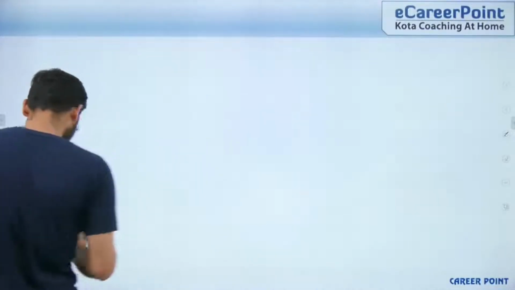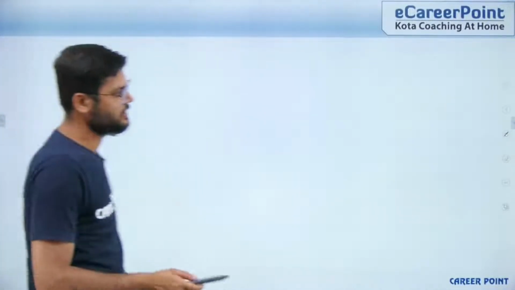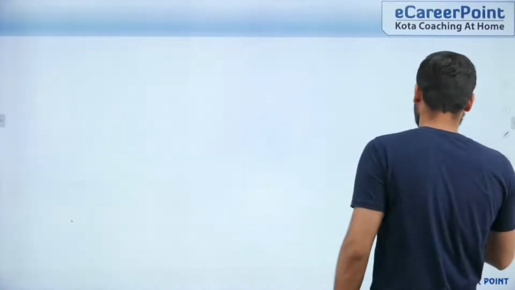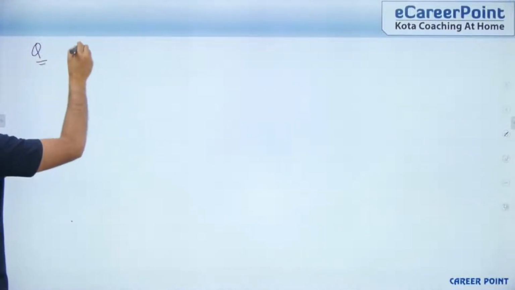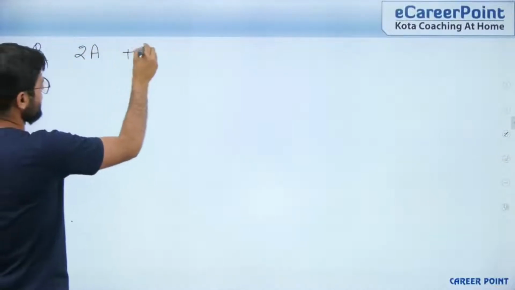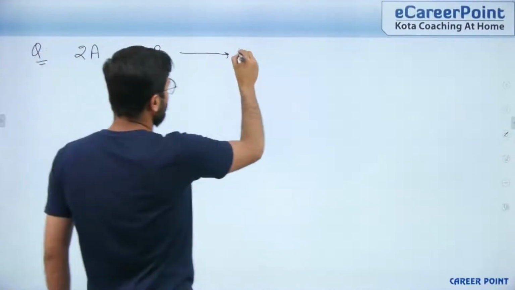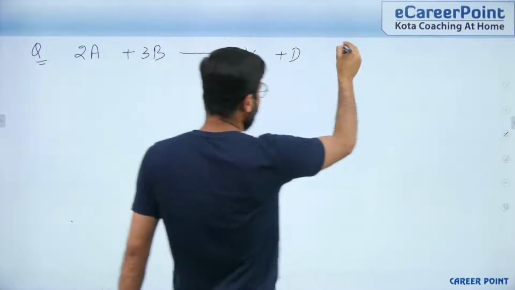Now see how the reaction is proceeding, how the reactions are taking place. We have, let's say, 2A plus 3B giving 4C plus D, and I am writing the question.